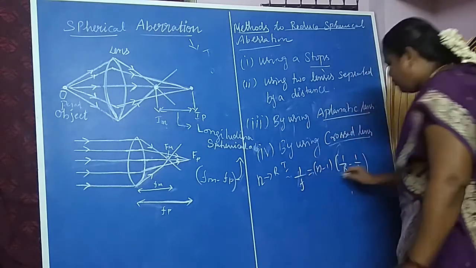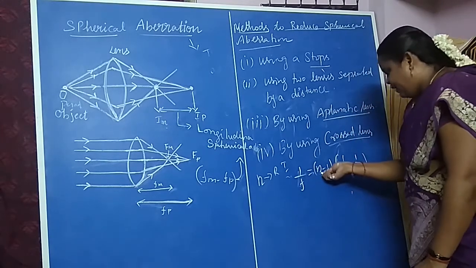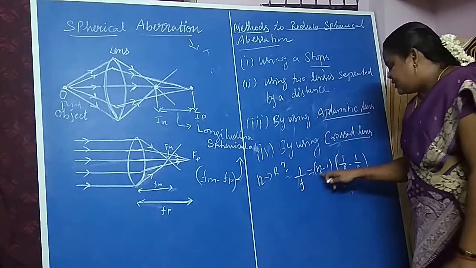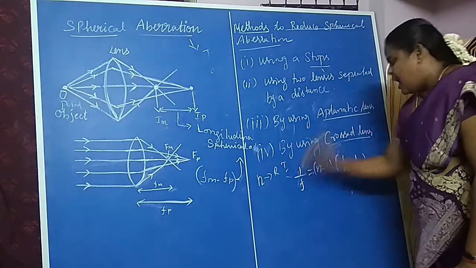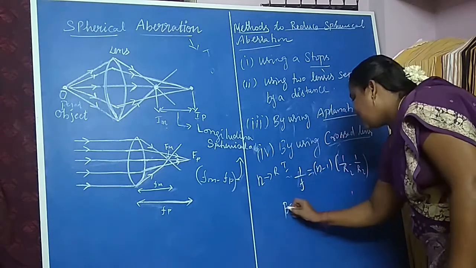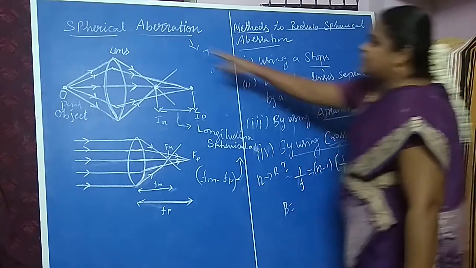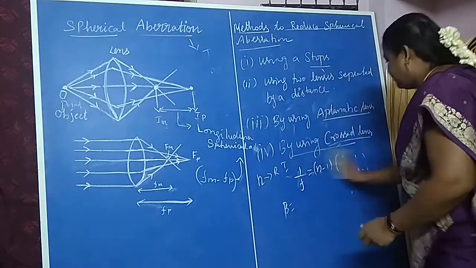This is the focal length formula. The focal length of the lens depends upon the refractive index and also the shape factor beta. So by choosing these two values, we can reduce the spherical aberration.